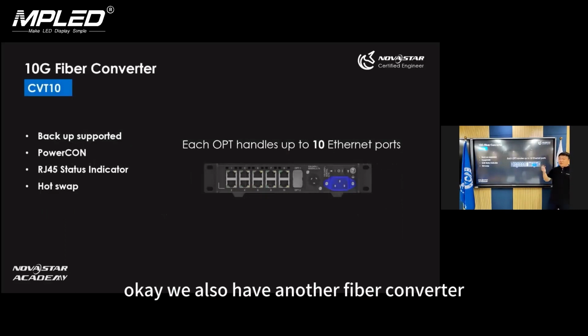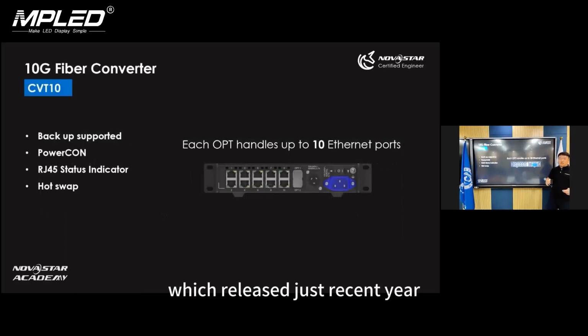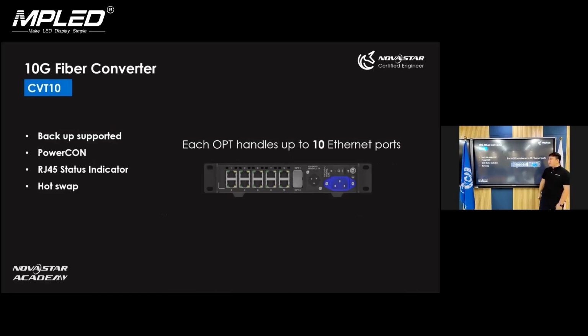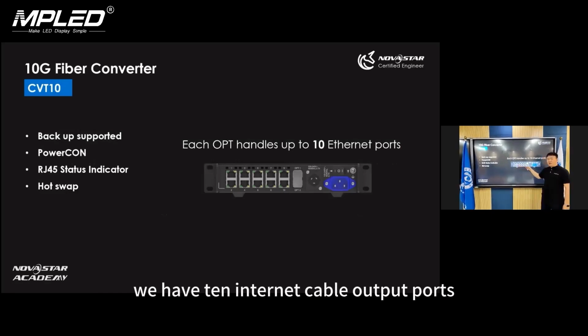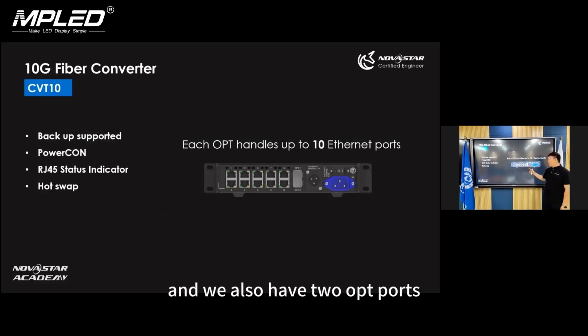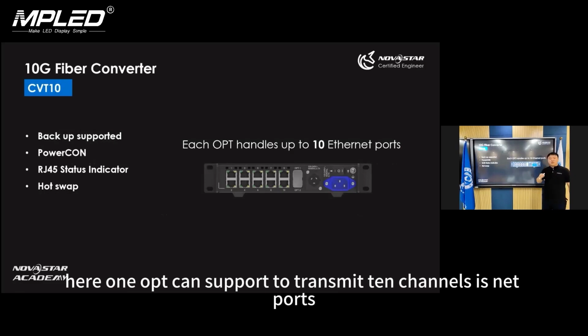Okay, we also have another fiber converter which was released just in recent years. The name is CVT10. As you can see here, we have 10 Ethernet cable output ports, and we also have 2 OPT ports. One OPT can support transmitting 10 channels of Ethernet ports.